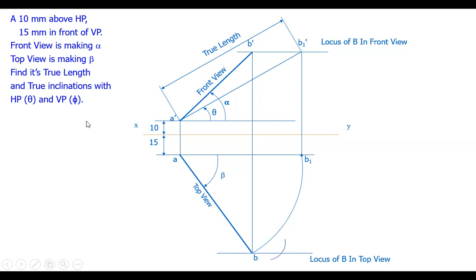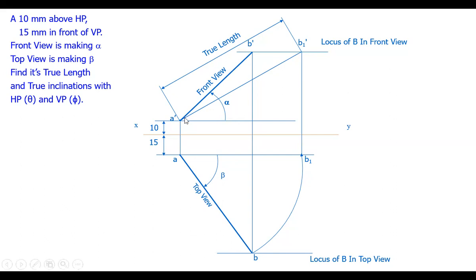Now, knowing the true length of this line, we can assume the line parallel to HP. The point B will lie on this locus, to maintain the angle with the VP.